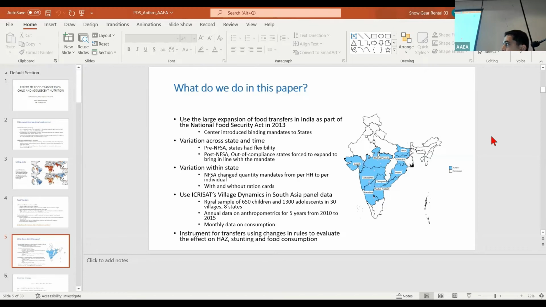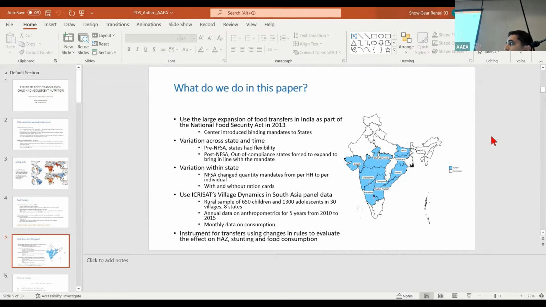And that's the variation we employ, with a data set from ICRISAT, which is a panel data set of 1,300 households, which have more than 650 under-5 children and 1,300 adolescents. There are 30 villages across 8 states, and we have annual data.